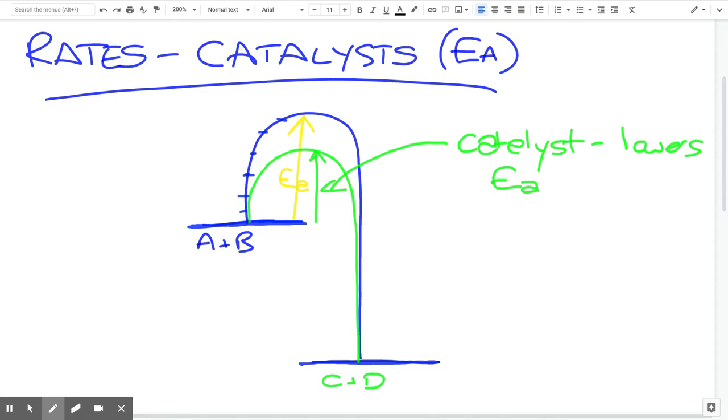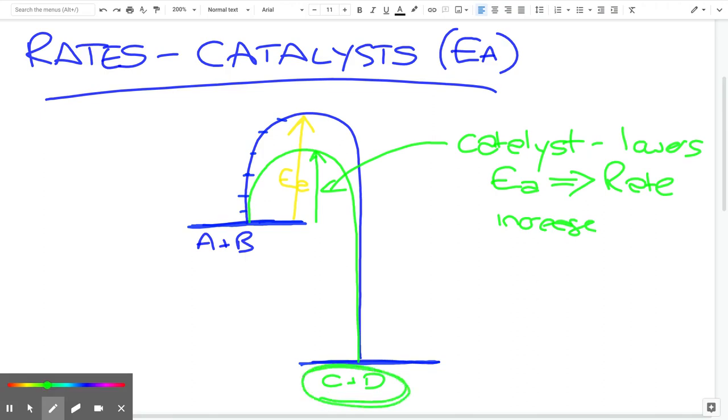So if you reduce the energy required that a collision must have, then you can increase the rate of reaction by allowing the activation energy to be lowered. If that is allowed, the rate will increase. It doesn't change A and B, it doesn't change C and D, so the overall reaction is the same.